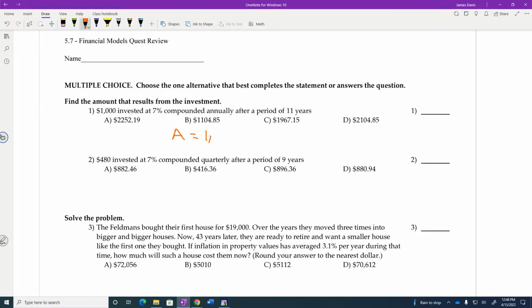This is our present value of 1,000 times 1 plus our rate, 7%, 0.07. Now this is annually, so it's over 1, which means we don't even need to write it. If it was over 12 or something, we would. And then it's to the n times t, so 1 times 11, so the 11th power.